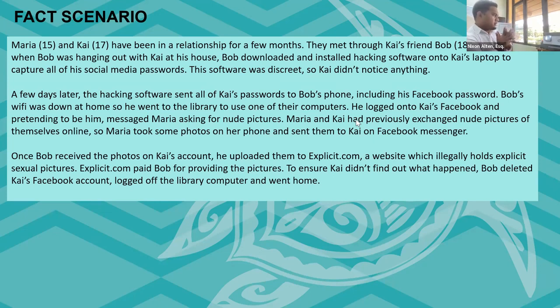Yeah. So in responding to that, I think there are probably two quite separate events that have taken place here. One is the exchange of files or photos between Maria and Kai during their relationship, and then there's the interaction of Bob, who's come in and solicited more images from her, and then passed those on and shared those out to the rest of the world.